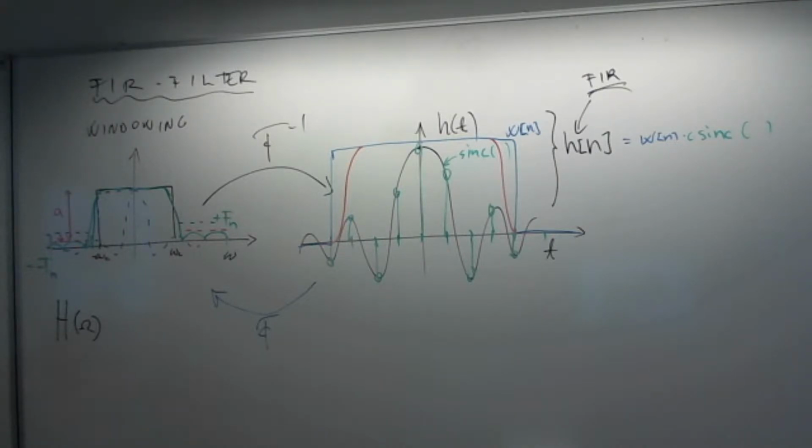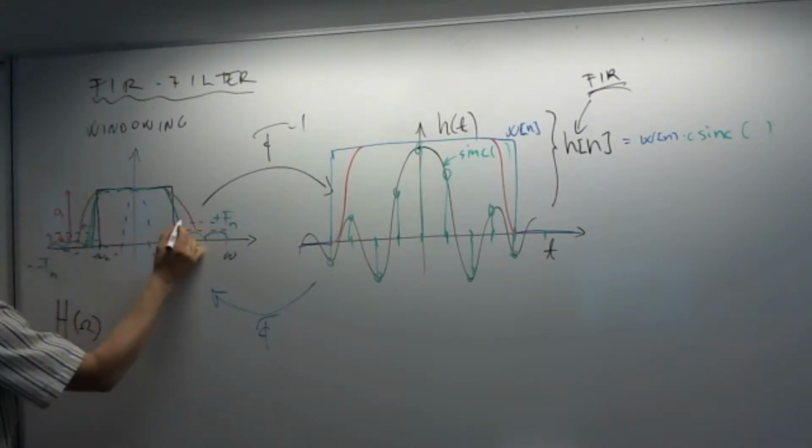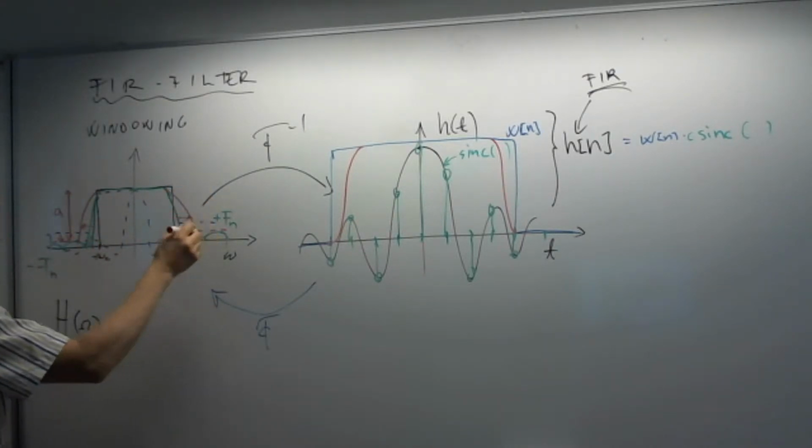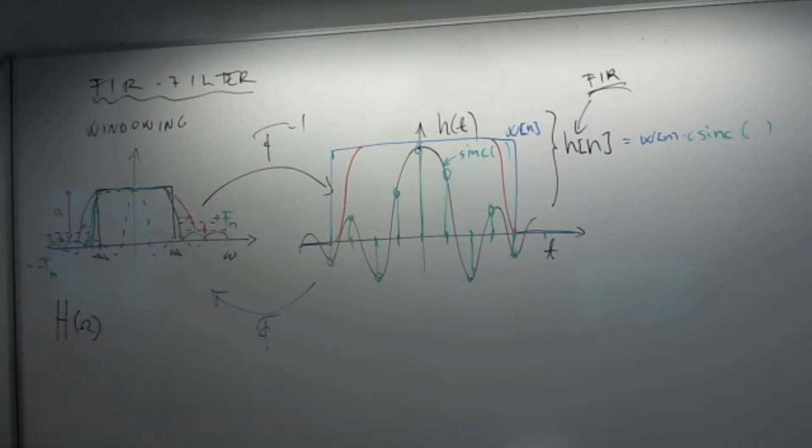At the same time, you also lose some of the transition bandwidth. So the transition bandwidth goes higher, while the stop band goes better.